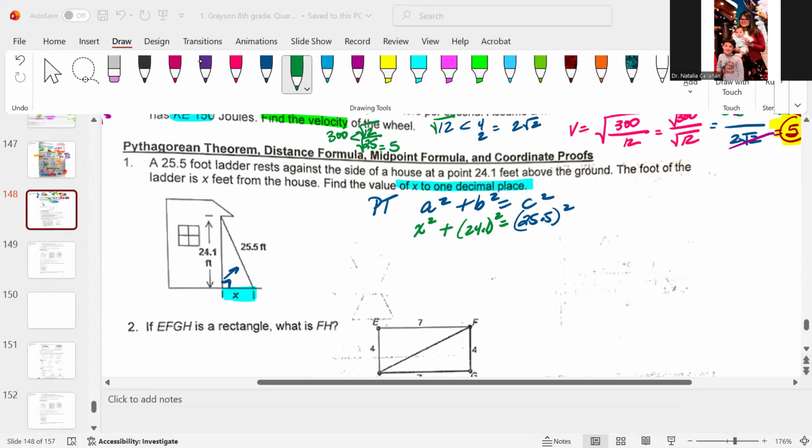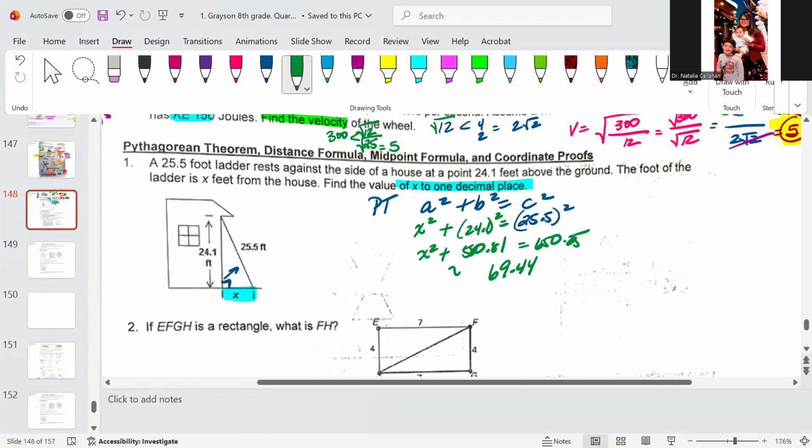24.1 squared is 580.81. And then 25.5 squared, 650.25. So then you want to go ahead and subtract that, minus 580.81, which is 69.44.